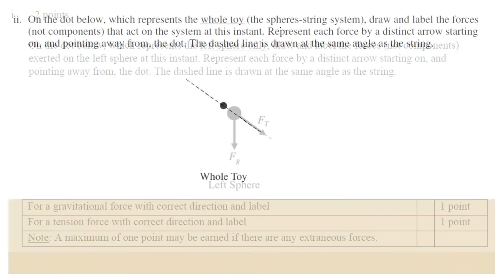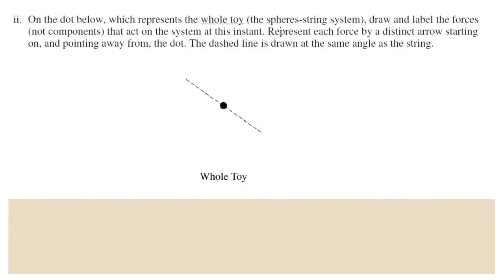All right, moving on to the next little subpart here. Subpart 2 said, now you're drawing this same diagram as the last one, except it's for the whole toy, the sphere-string system. Remember, these free body diagrams are always diagrams of the forces acting on a particular object or a particular system.